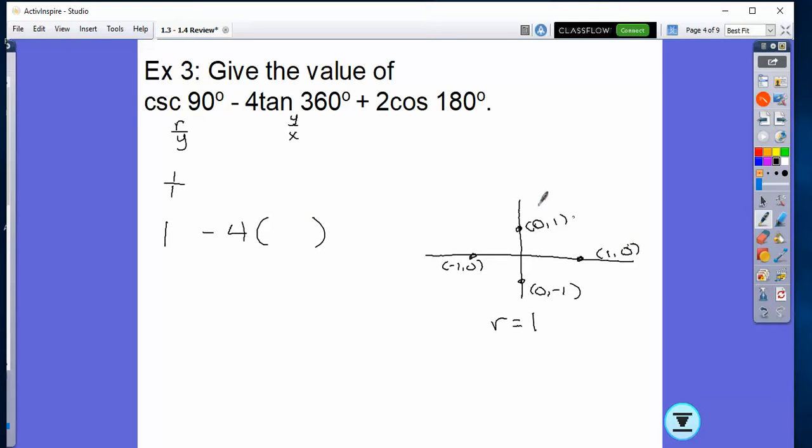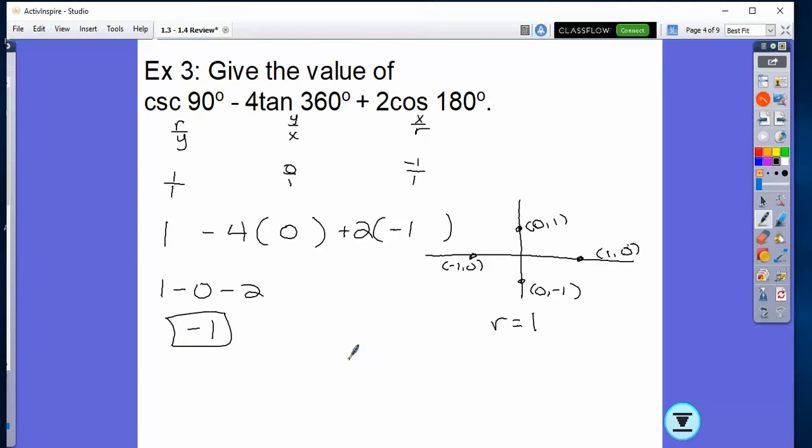So y over x would be 0 over 1, which is 0. Plus 2 times the cosine of 180. So cosine is x over r. At 180, your x is negative 1 and your r is 1, so that's negative. So we have 1 minus 0 minus 2, I get negative 1. You guys okay with that?